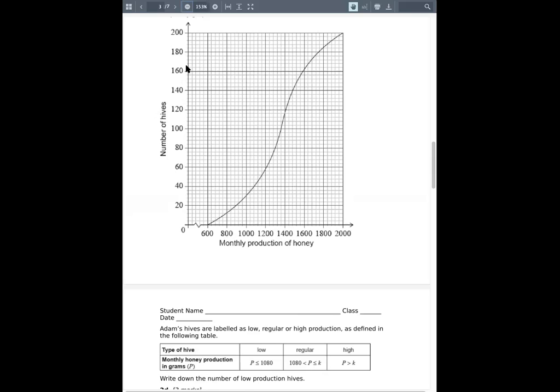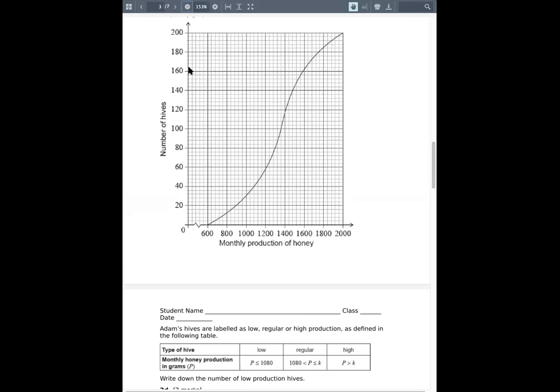So exactly what Alan was saying before, since we have 40 hives for low production, and it tells us it has 128 hives for regular production, you want to add those and you get 168. So you want to find 168 on the y-axis, which would be the second box since it goes up by 4.